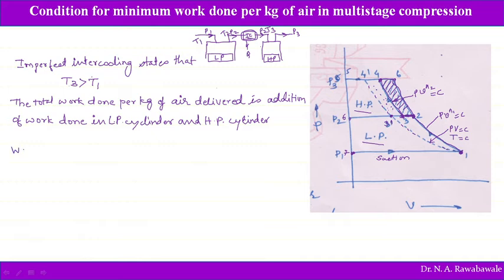Therefore work done per cycle W is equal to n1 divided by n1 minus 1, R T1, in bracket (P2 divided by P1) to the power of (n1 minus 1) divided by n1, minus 1, close this bracket.